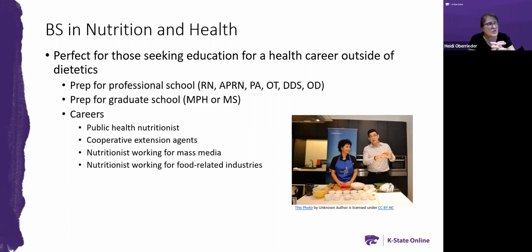You could just finish with your bachelor's and go find a good position as a public health nutritionist, a cooperative extension agent, a nutritionist that works for mass media or food-related industries. So there are options for you. I have to be honest, there will be more opportunities available to you with the RDN credential. So my advice is that if you can hack the sciences, meaning if you think you have the ability to get those B or better in the sciences, it would probably be smarter to go that route because you will have more job opportunities available to you.